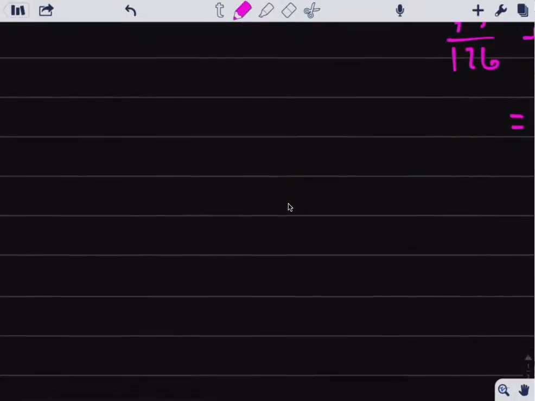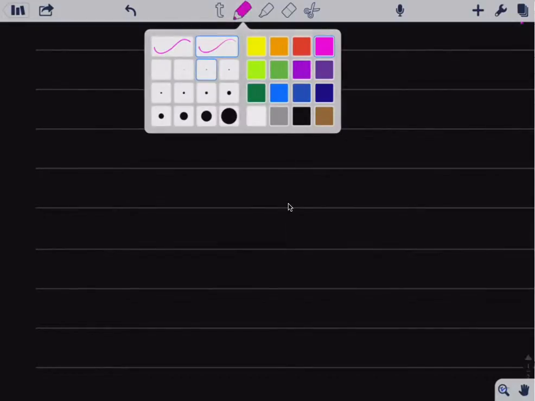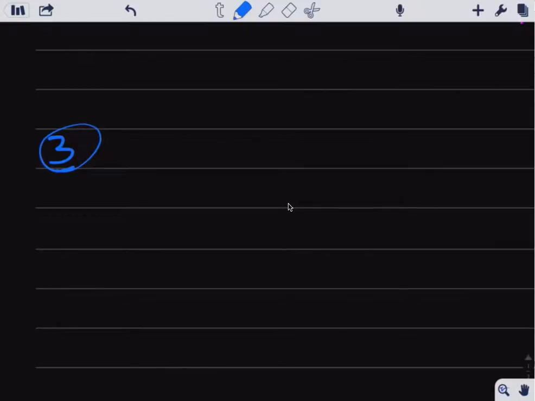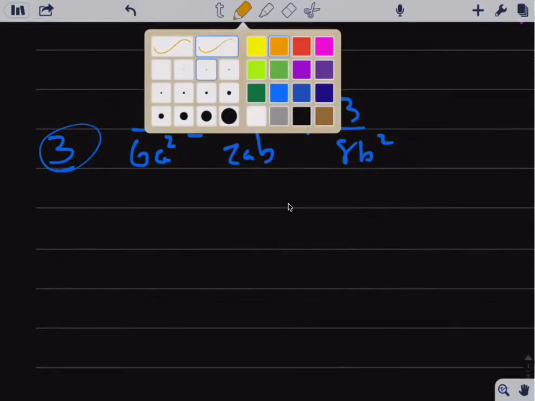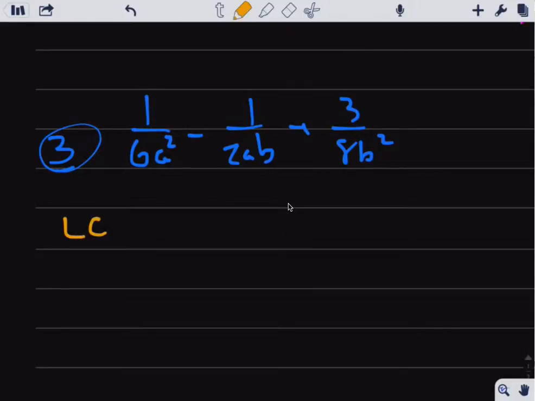Okay, let's look at example 3. Example 3 is the expression 1 over 6a squared minus 1 over 2ab plus 3 over 8b squared. I need to find the LCD of the denominators.